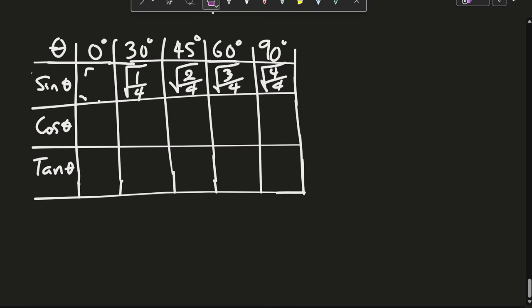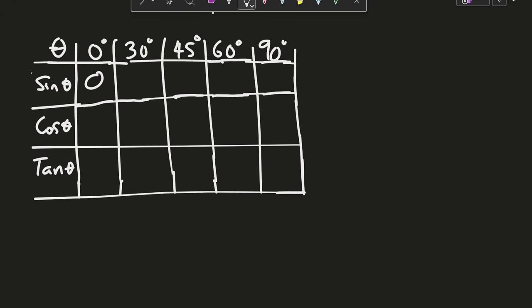Now this becomes 0. I'm going to put that here. So automatically this becomes 0. And then you have the square root of 1 over 4, which is 1 over 2.